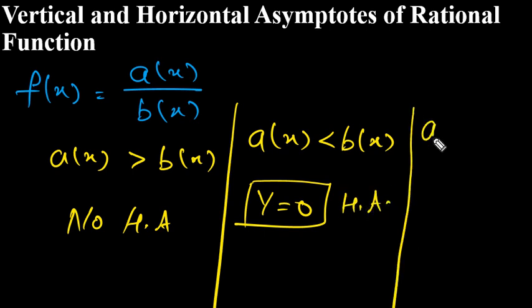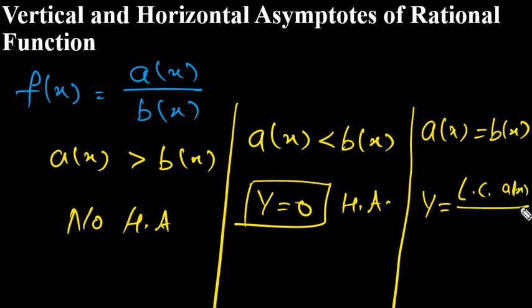But if the degree of a of x is equal to the degree of b of x, then your horizontal asymptote will be the leading coefficient of a of x divided by the leading coefficient of b of x. What does it mean?